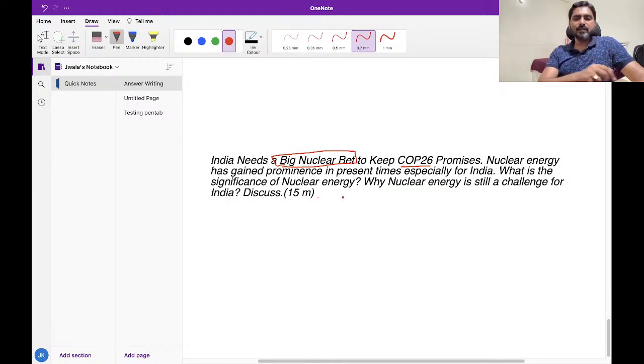Why nuclear energy is still a challenge for India? So how can we write an answer to this type of question, or what will be the structure of this question?